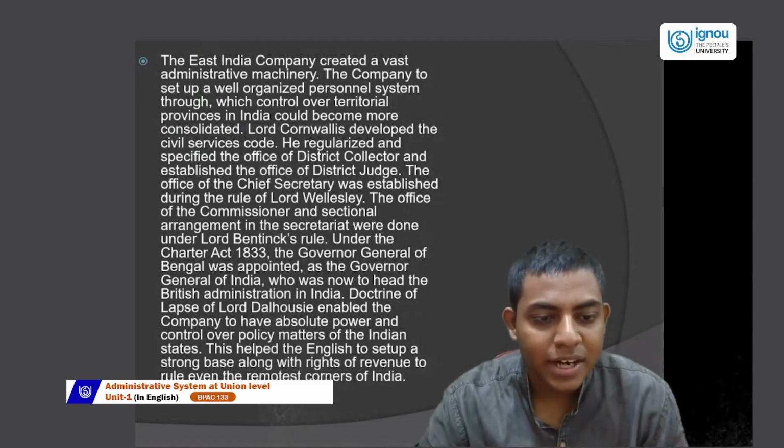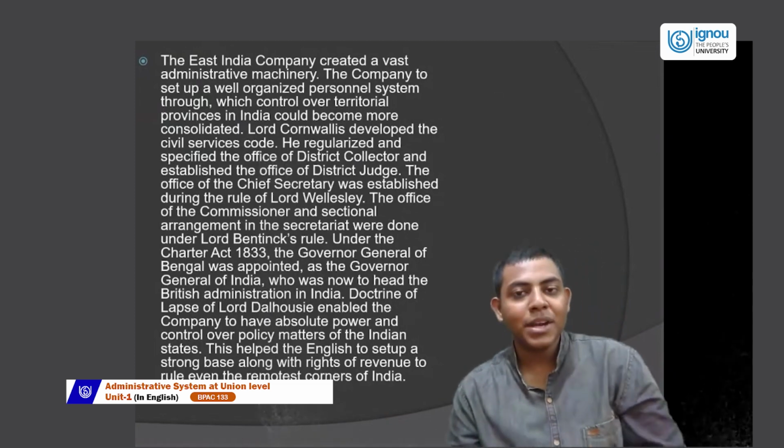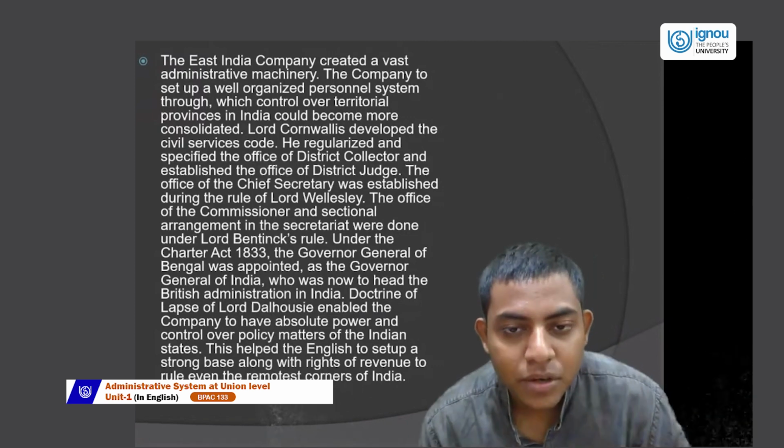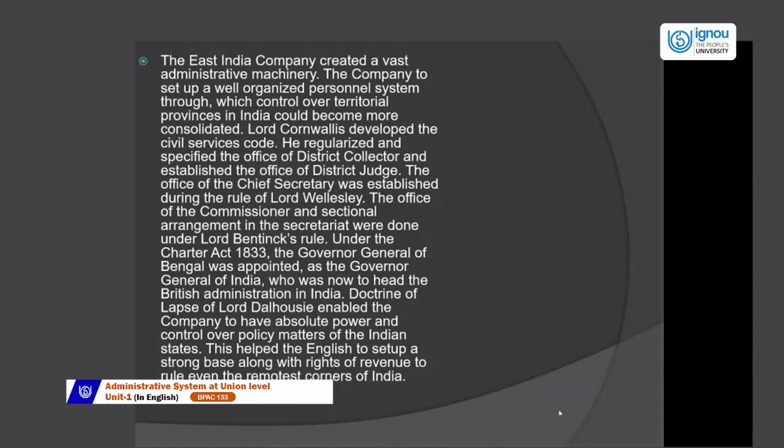The first major victory of the East India Company was its victory in the Battle of Plassey in 1757, where it defeated the Nawab of Bengal, Siraj-ud-Daula.